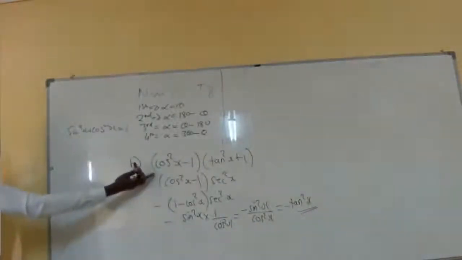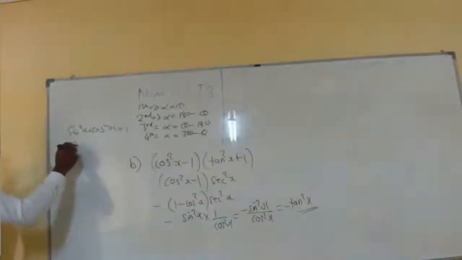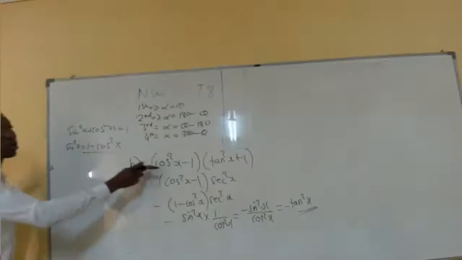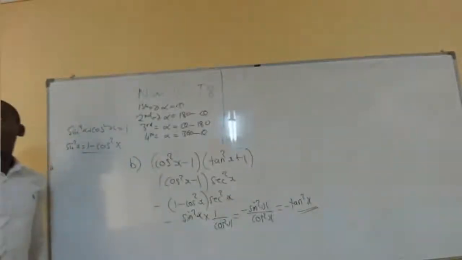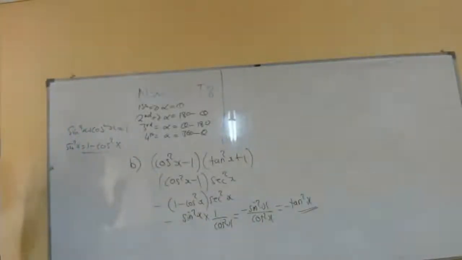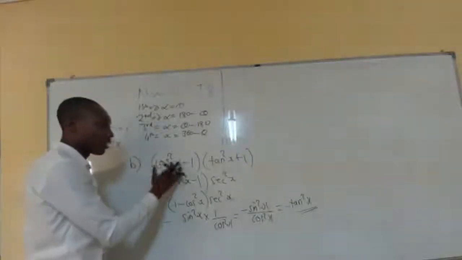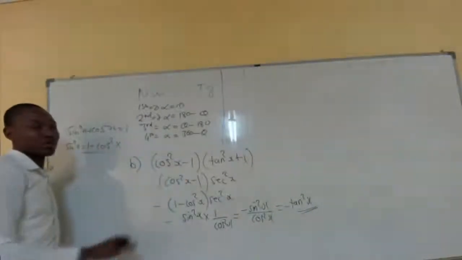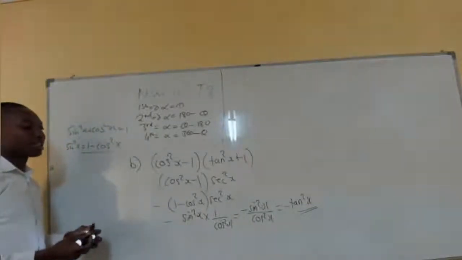Then you can find sine squared x as 1 minus cos squared x. It's 1 minus cos squared x, not cos squared x minus 1. So take note of that trick. There was a flip here. It was the 1 with the negative and the cos with the positive. So I can factor out a negative.